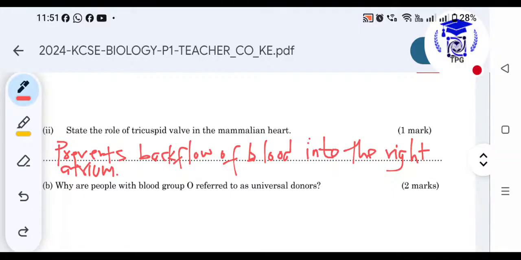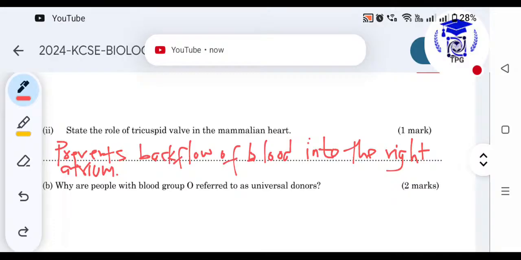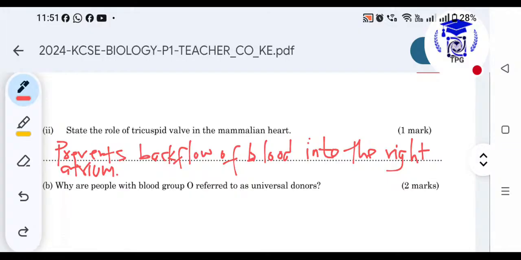It prevents the backflow of blood into the right atrium. So we proceed to the next question.